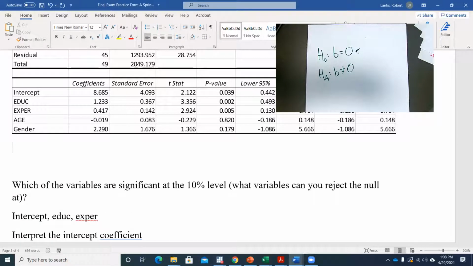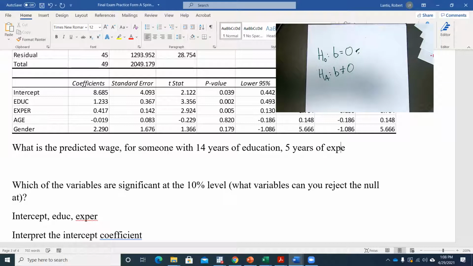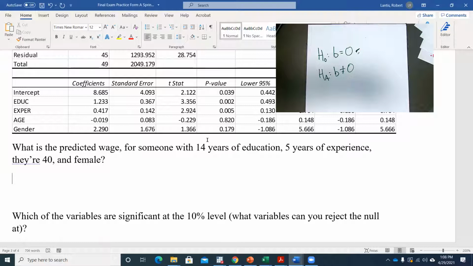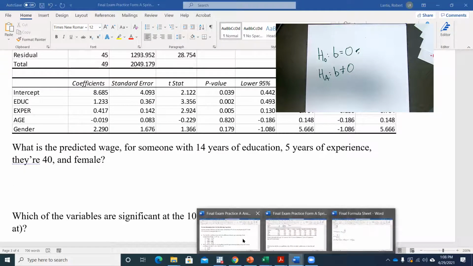Another type of question I could ask you is, what is the predicted wage for someone with 14 years of education, 5 years of experience, let's say they're 40, and female? So how can I come up with this prediction? Well, this is where I added this formula in.